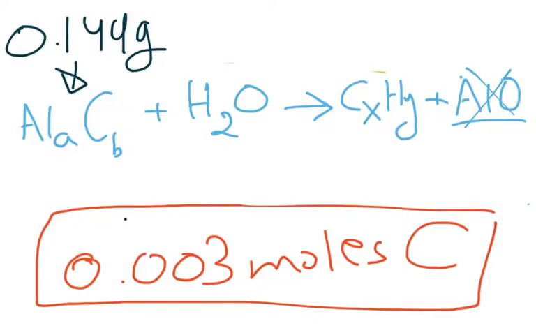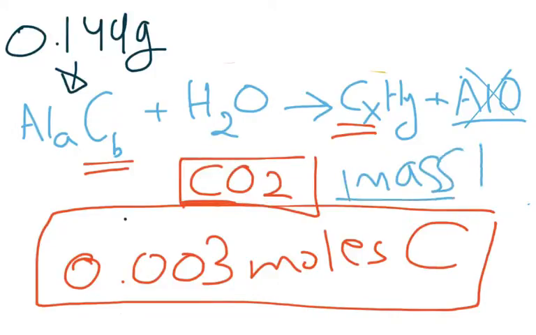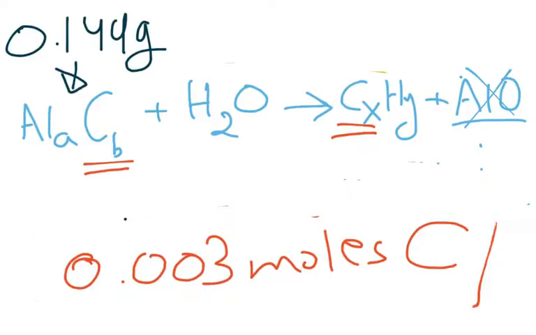So why should I care? Well, because the carbons here are the same ones being produced here and are the same ones being put out in CO2. So, if I could find the mass of carbon, I could magically find the mass of Al. So let's get the mass of 0.003 moles of carbon. So how do we do that?